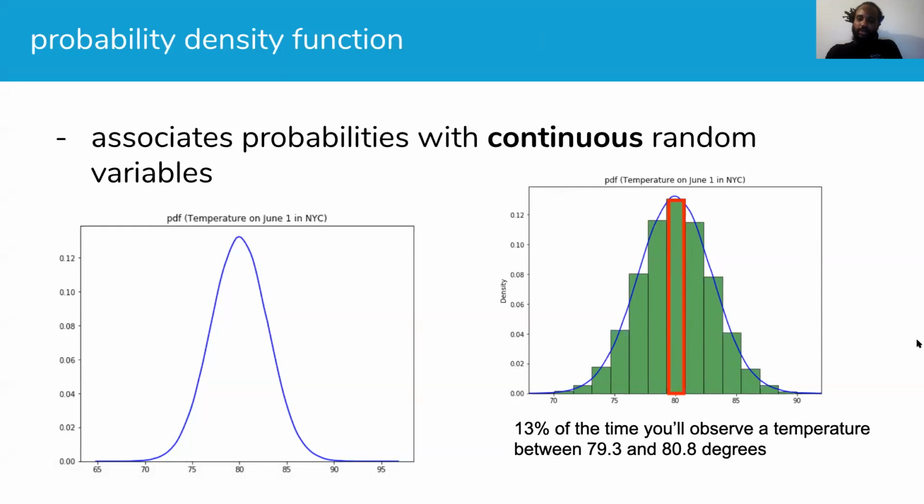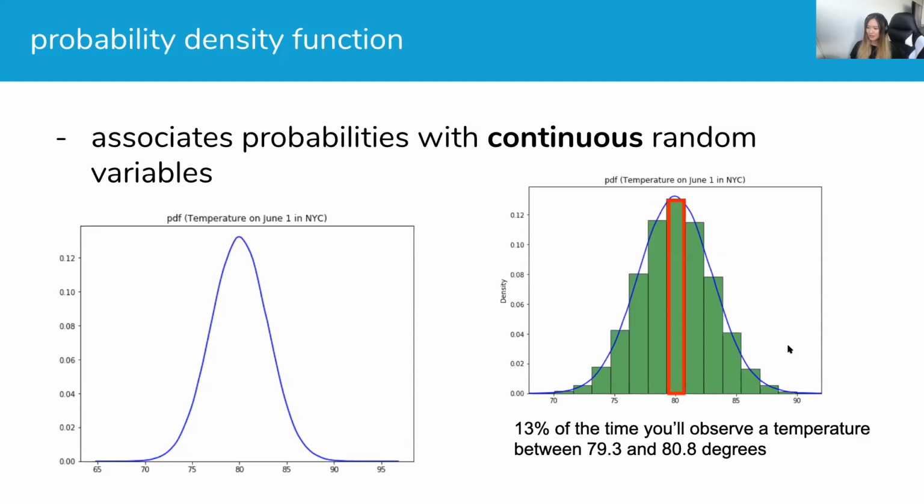Any questions about this? Just a comment: is it safe to say that for density functions there's constantly an output that you're measuring, as opposed to the mass function where it's just, okay, this is one time, second time, third time? That's a good point.